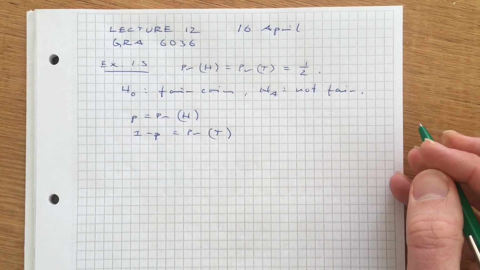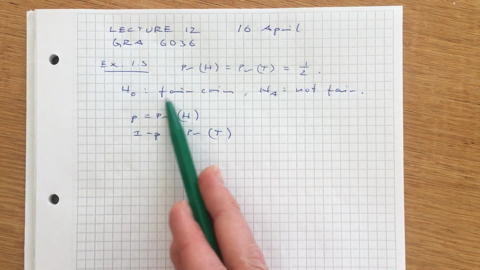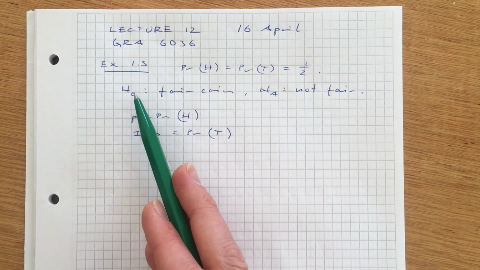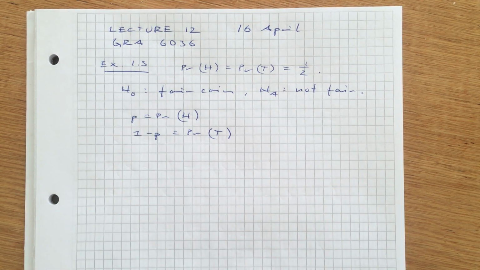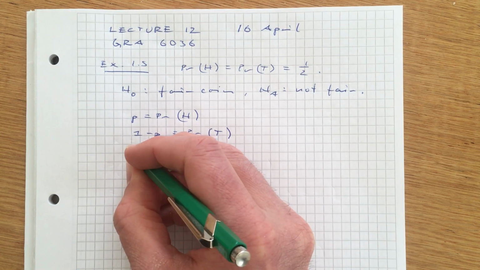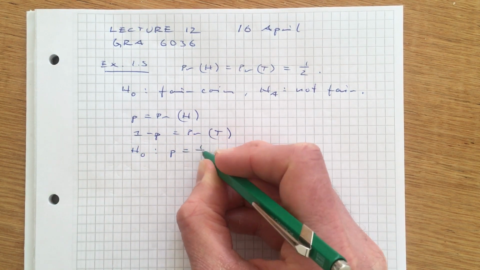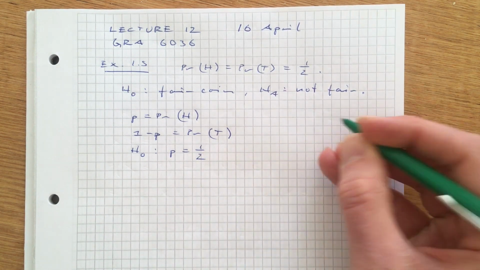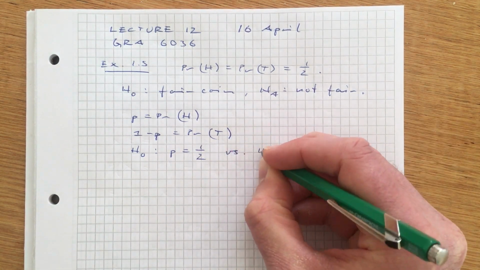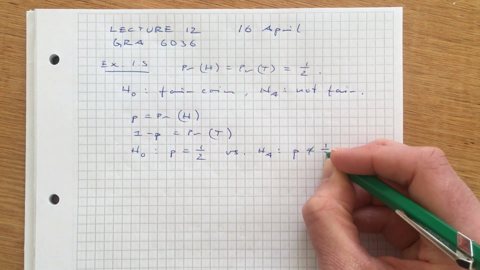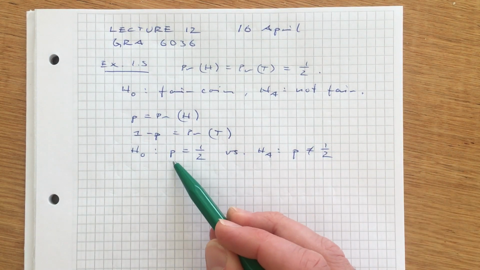If we express these hypotheses using this symbol, our null hypothesis is that P is equal to 1/2, versus the alternative that it is not equal to 1/2, that it's different from 1/2. So this is an unfair coin, this is a fair coin.